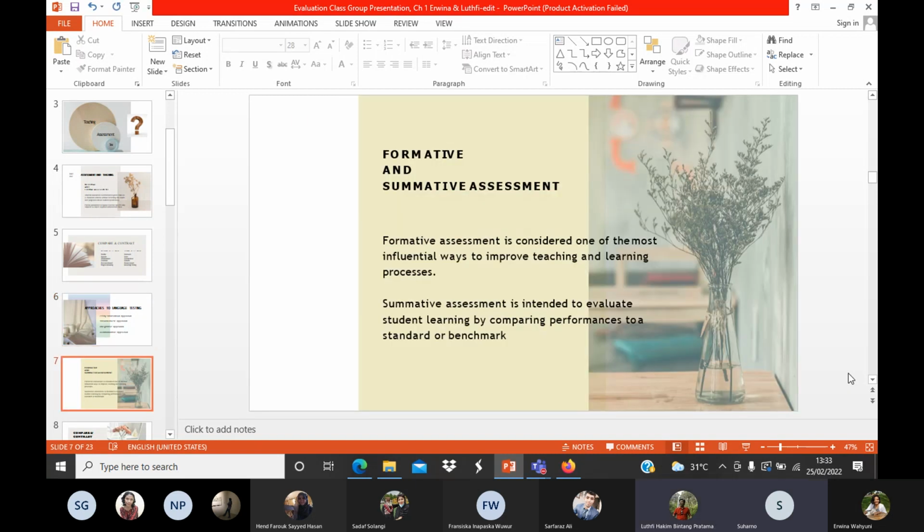Next, formative and summative assessment.